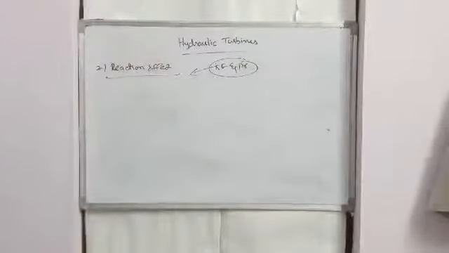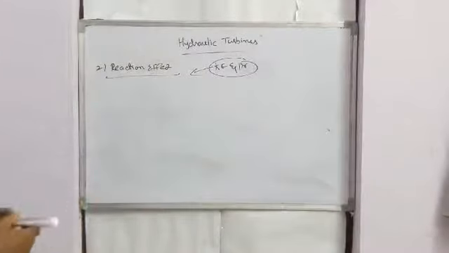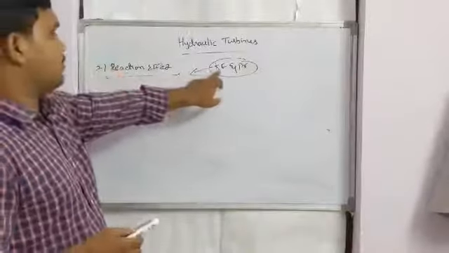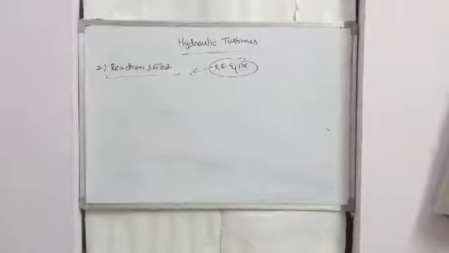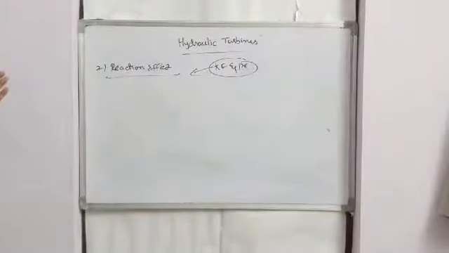So both pressure energy as well as kinetic energy play an important role in reaction type turbines. In some turbines the centrifugal effect is not there, in some it is there, but in most cases we also consider the centrifugal effect.